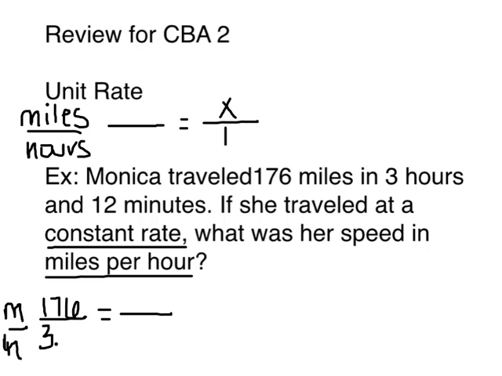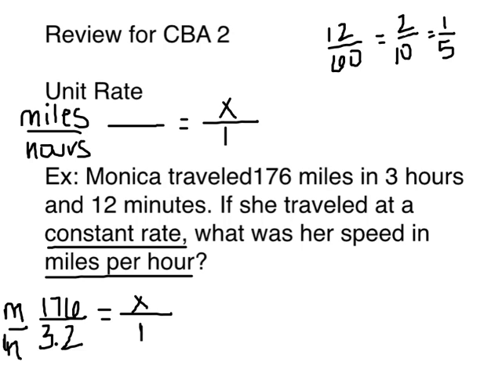If I'm trying to turn 12 minutes into a fraction of an hour, I'm going to put 12 over 60. I can divide them both by 6 and I get 2 over 10 or 1 over 5. I know 1/5 is 0.2, so 3.2. I'm looking for how many miles, so that's going to be my X, per hour means 1 hour.